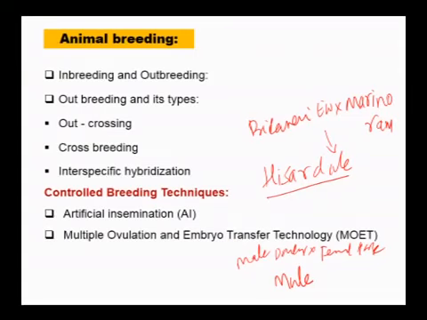In these surrogate cows, all these 6 to 8 embryos will develop and can give rise to 6 to 8 progeny. By following these two techniques, artificial insemination, multiple ovulation and embryo transfer technique, we can improve herd size in commercial cattle or in any other domesticated animals which are of commercial importance.